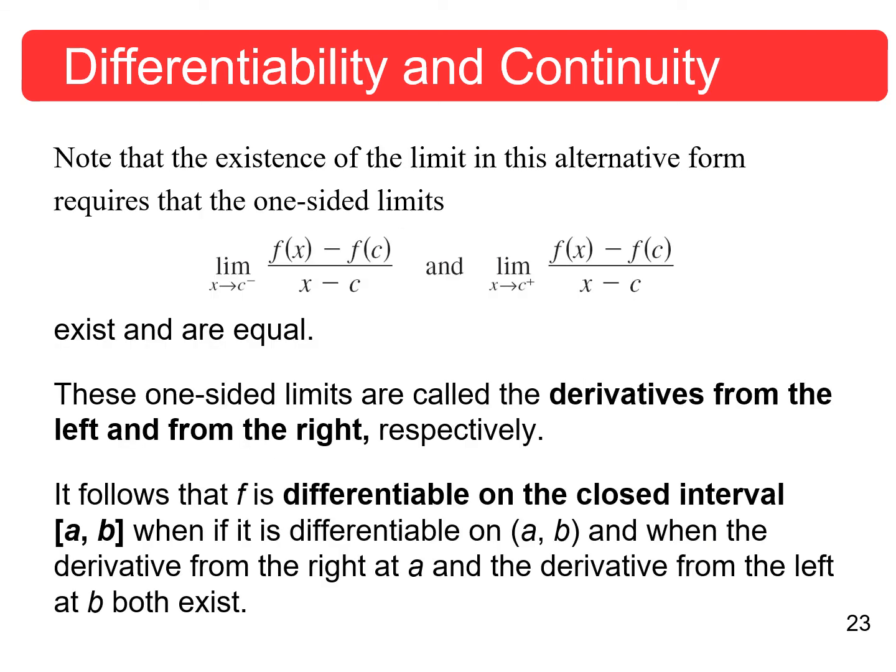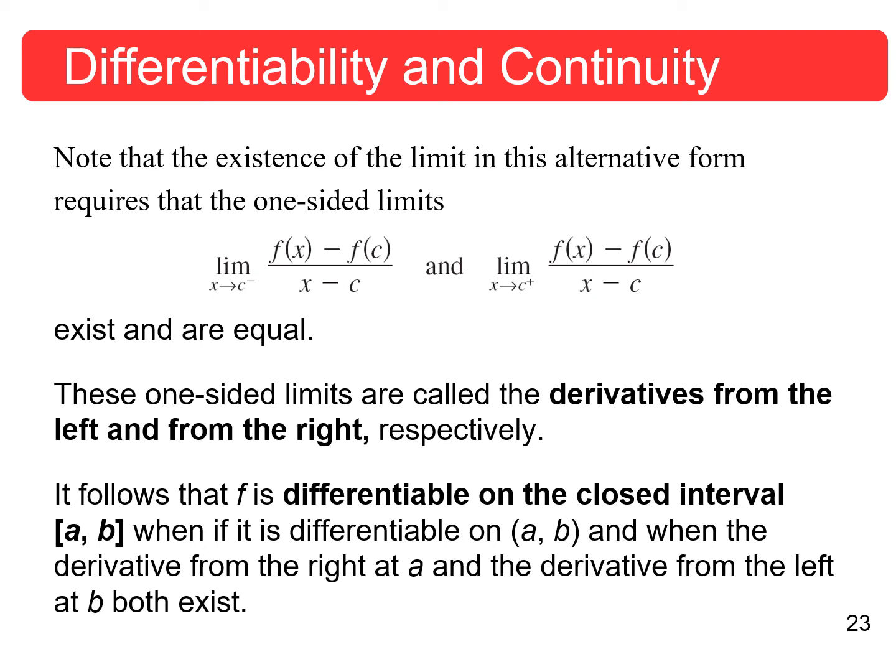Note that the existence of the limit in this alternative form requires that the one-sided limits must exist and should be equal to each other. This expression here is called the derivative from the left. And this expression here is called the derivative from the right.